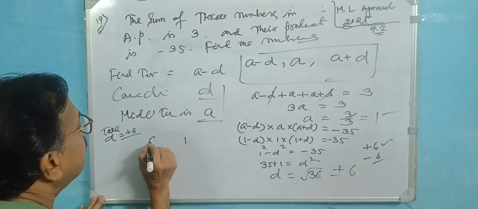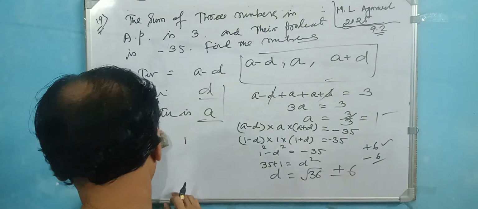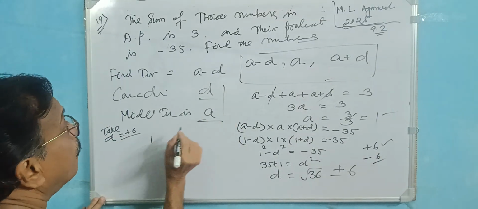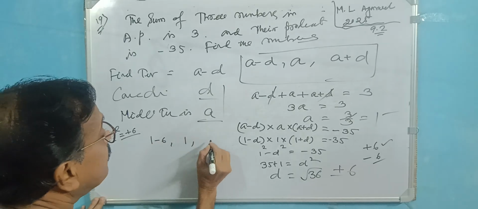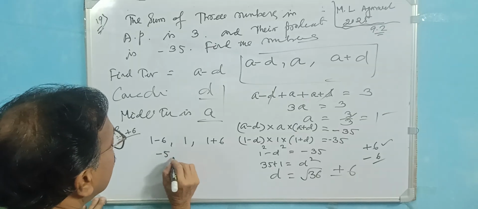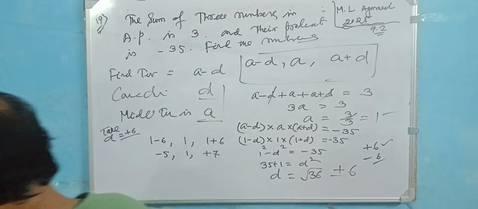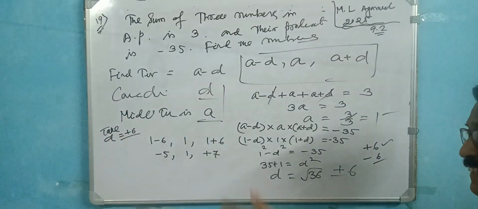A minus D is 1 minus 6, so ultimately this is minus 5. And this is 1 plus 6, so 7. This is the first, when you take D as 6.